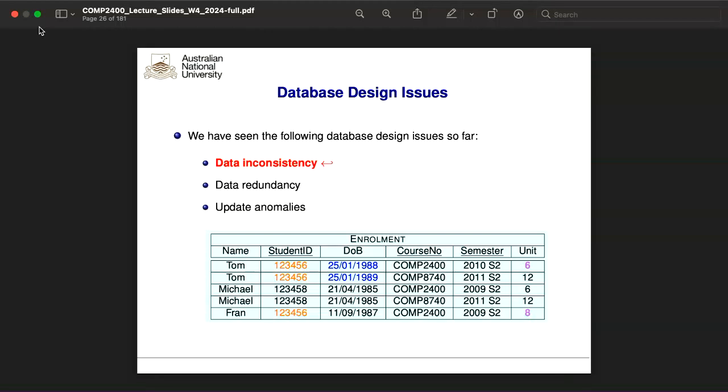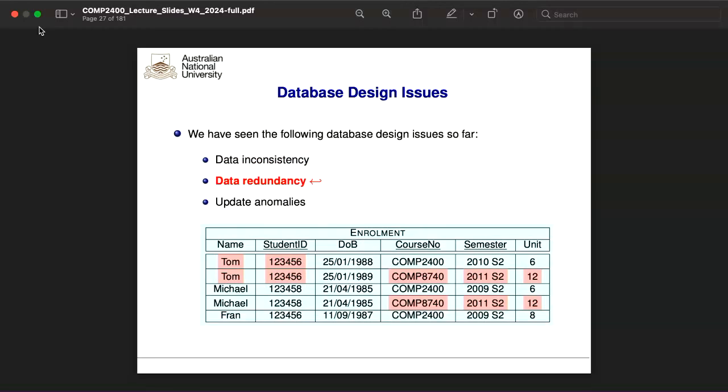For data inconsistency, we can see, for example, Tom, the same student, has 2 different birthdays. Or for Comp 2400, the same course has 2 different units. Or 2 different students shouldn't have the same student ID. Those are issues we call data inconsistency.